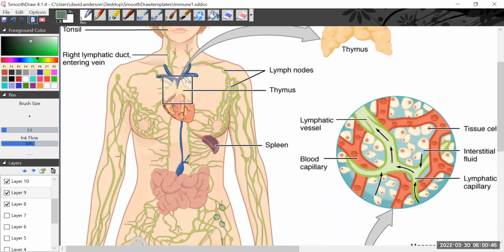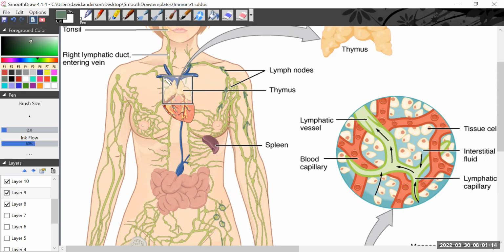Here we look at these blue vessels, which are veins. So we're carrying the lymph and we're returning it from all over the body and emptying it back into these veins. These veins are just below the clavicle. So the name of the vein is actually the subclavicular vein or subclavian vein on both sides, the right and the left one.